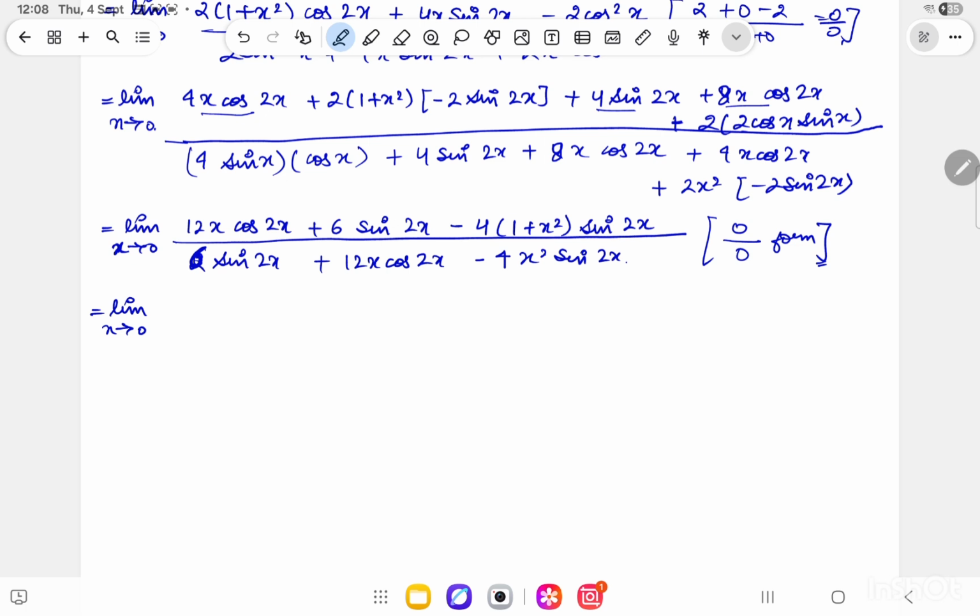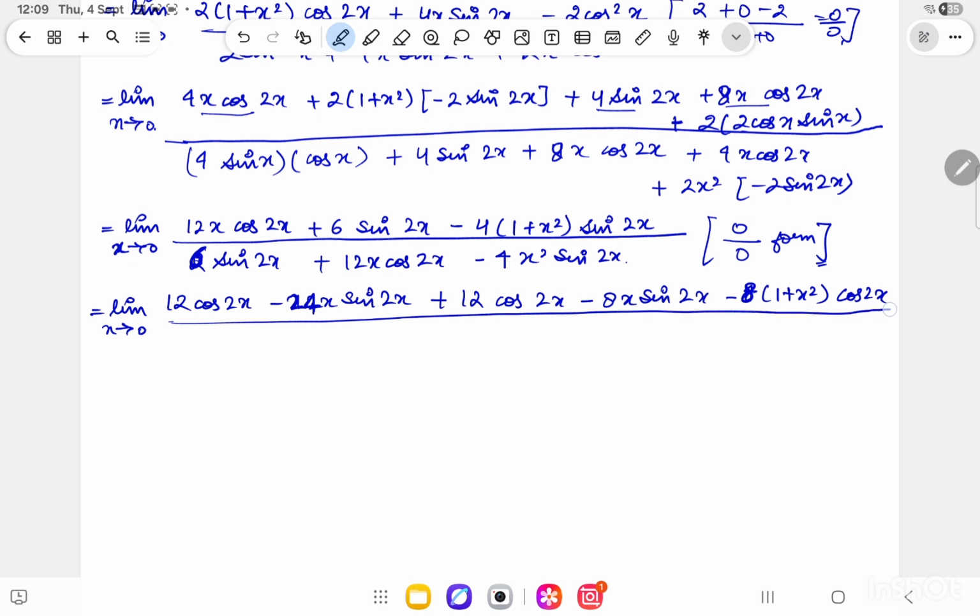So if we do so, we'll be getting limit x approaches 0, 12 cos 2x minus 12x sin 2x into 2, so it will be minus 24x sin 2x plus 6 to the 12 cos 2x minus 8x sin 2x minus 4 into 1 plus x square, and derivative of sin 2x will be cos 2x into 2, so here it will become 8, divided by 6 into cos 2x into 2, so it will be 12 cos 2x plus 12 cos 2x minus 12x sin 2x into 2, so it will be minus 24x sin 2x minus 4 to the 8x sin 2x minus 4x square.